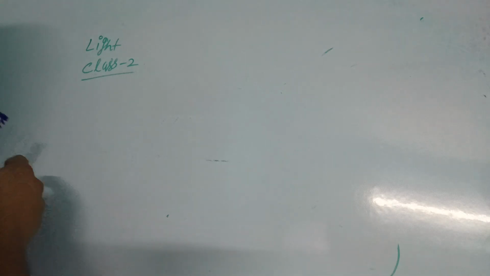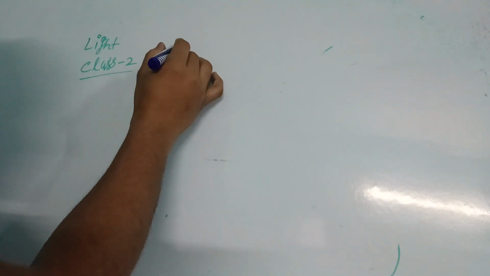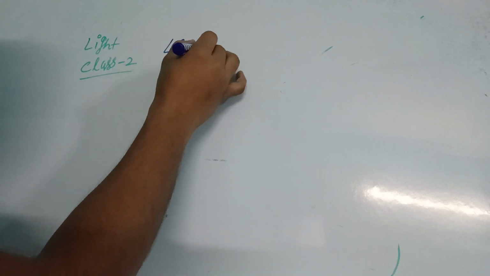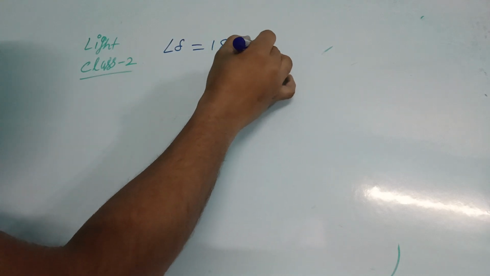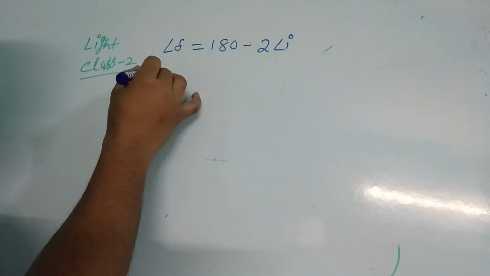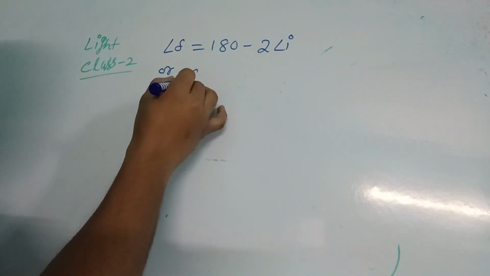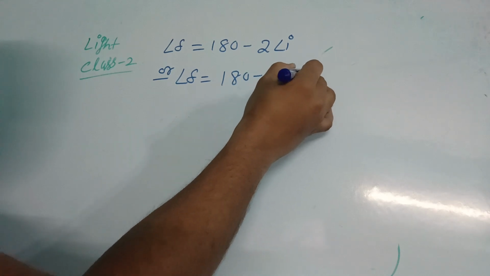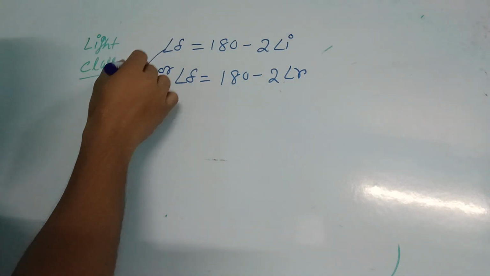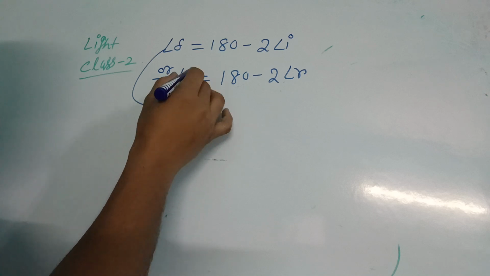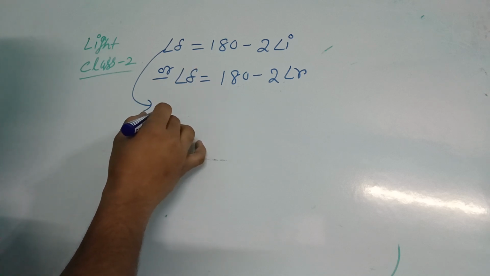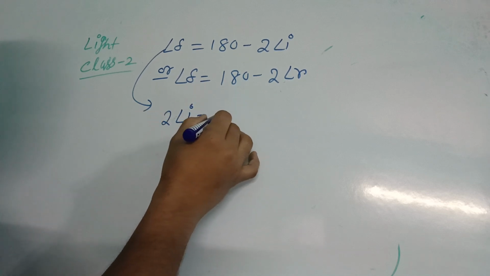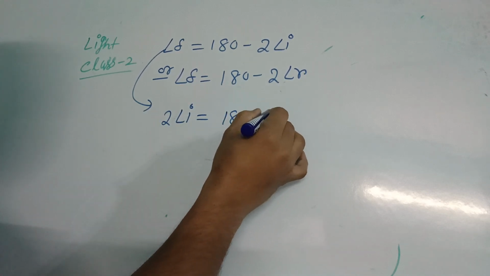Let's now see from the diagram we can write delta is equal 180 minus twice of angle I, or delta is equal 180 minus twice of angle R. So from this equation we can write twice of angle I is equal 180 minus delta.